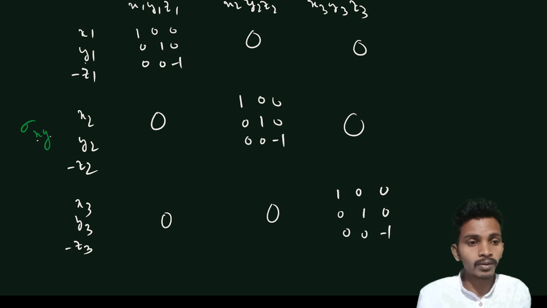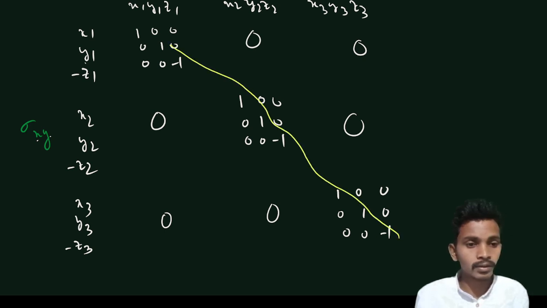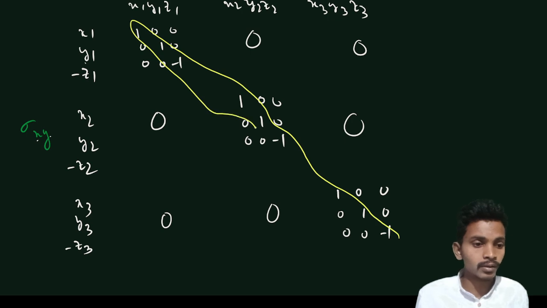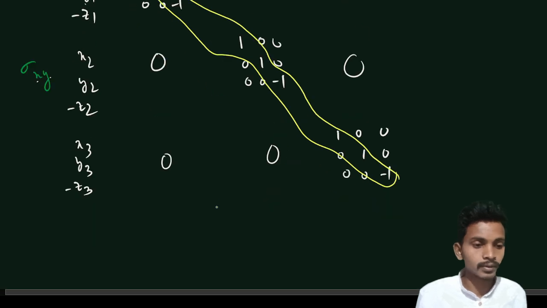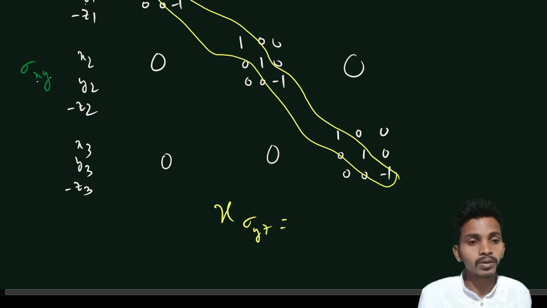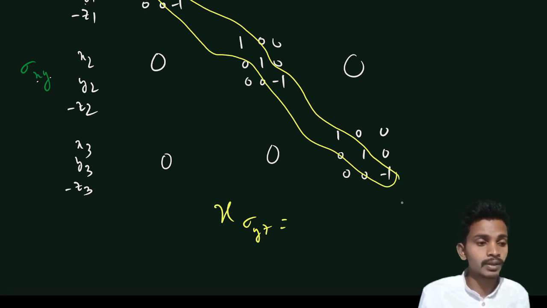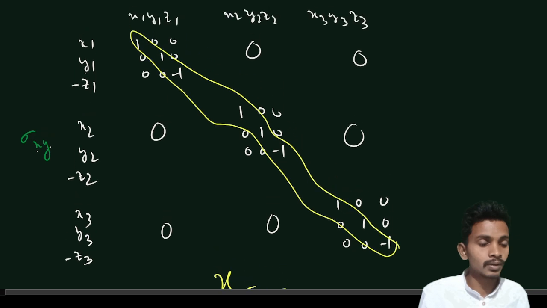So if you add all that, how much will the character be? You will have to add all this. Then the character of sigma yz will be 2, 3, 4, 5, 6 minus 1, minus 2, minus 3.